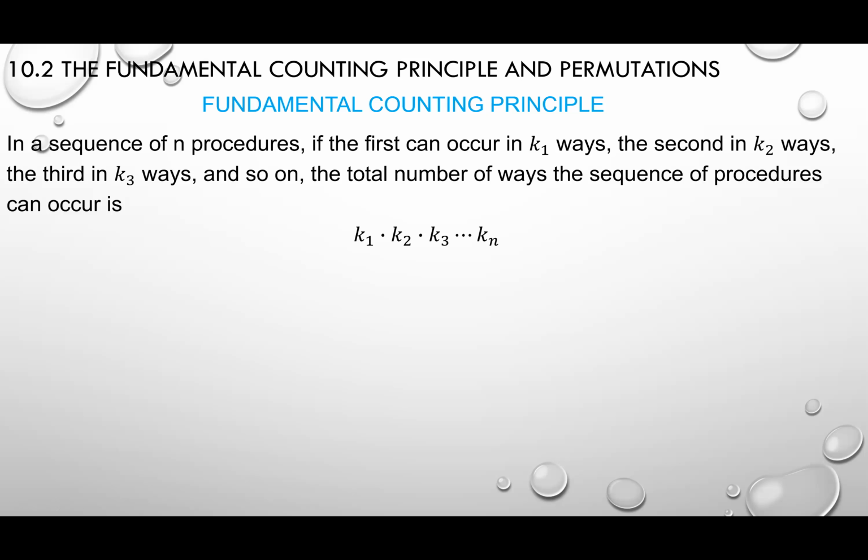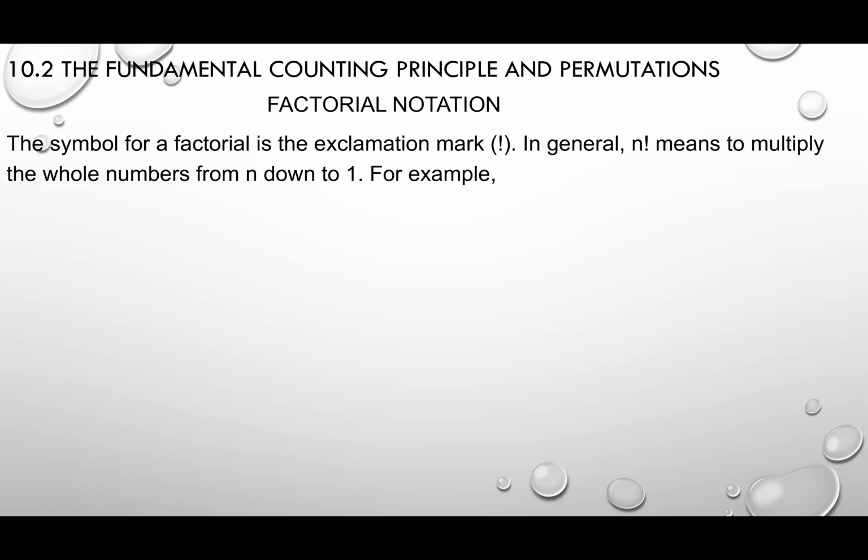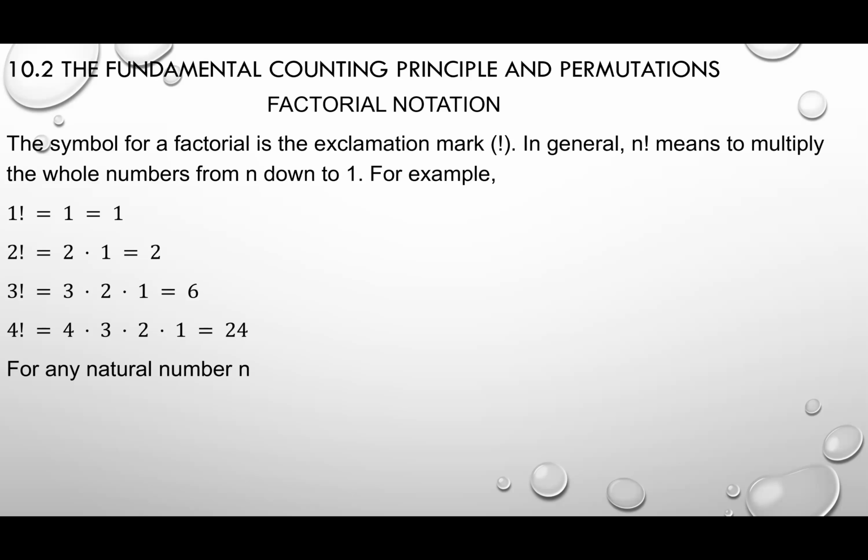The other items that I have, or that I will have, is the factorial. The factorial basically tells you to take that number times 1 less, times 1 less, times 1 less. If you have 2 factorial, it's 2 times 1. If you have 3 factorial, it's 3 times 2 times 1, and so on. For any n factorial, take that number times 1 less, until you go down to 1.